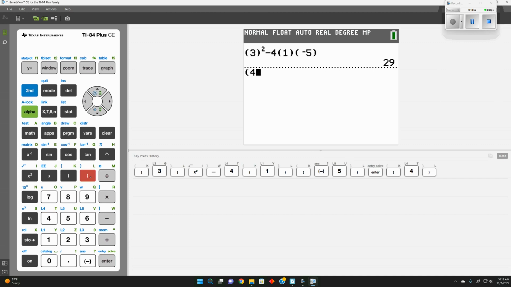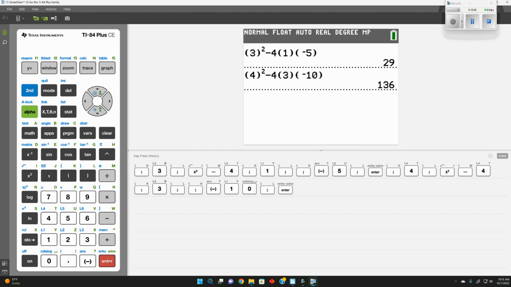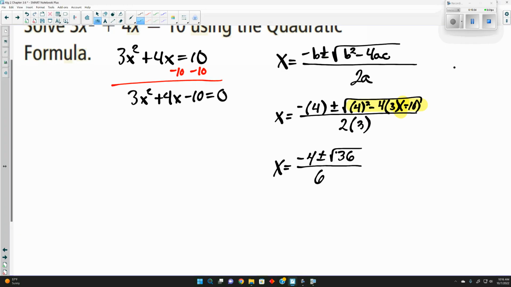So 4 squared minus 4 times 3 times... 136. So we get the square root of 136. And again, just like before, I would plug that into the yellow calculator to see, will it reduce?